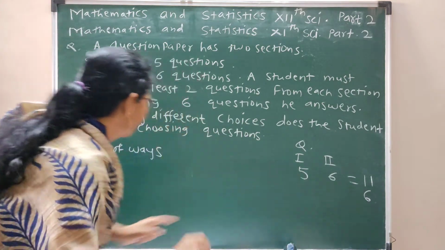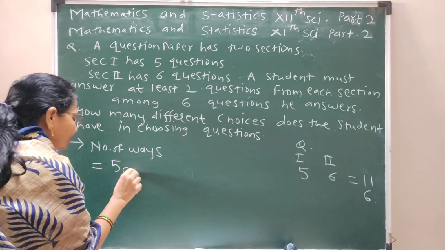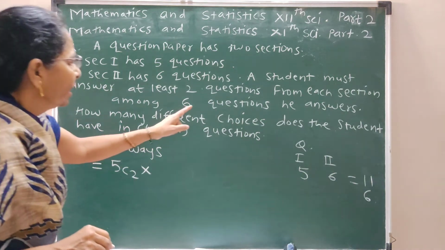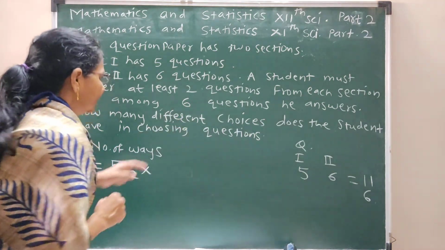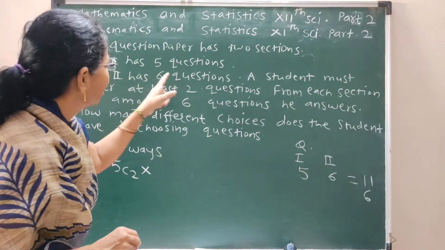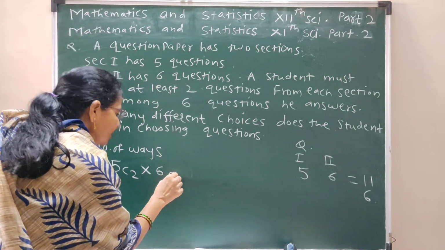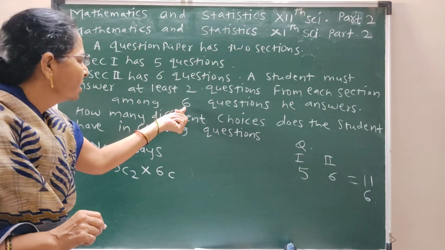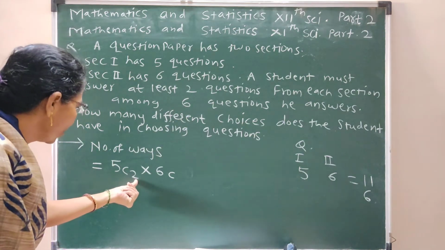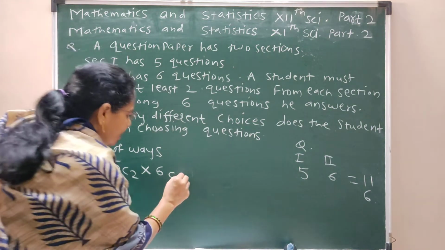That means 5C2. From the next section, which has 6 questions, he has to solve 4 questions.